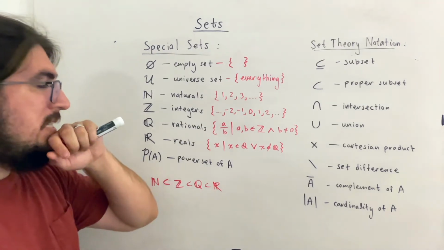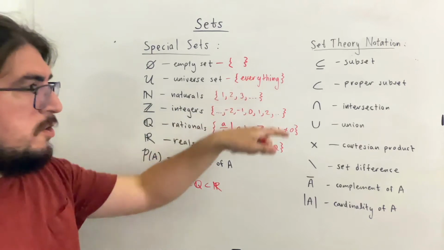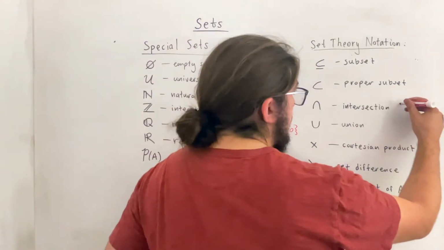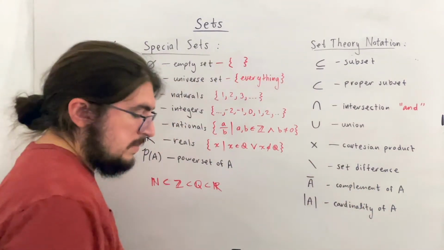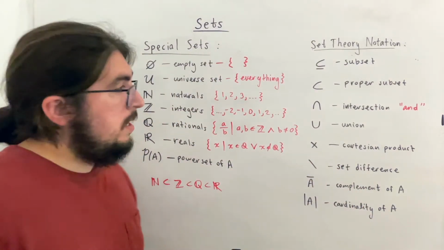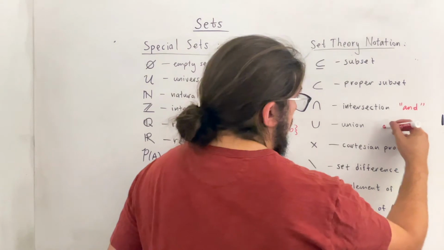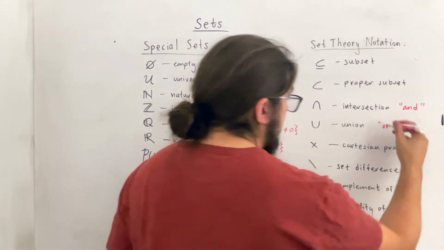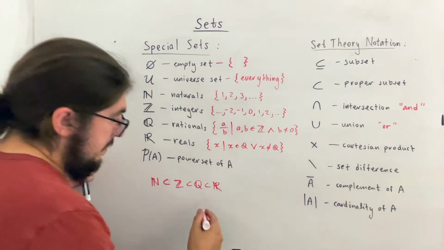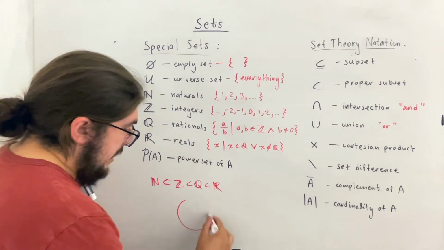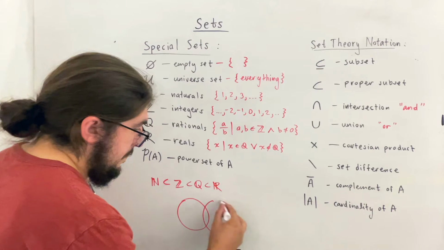Okay, intersections and unions. Intersection basically means taking kind of what two sets have in common, and union is taking a thing that is in either one of the sets or possibly in both. In fact, the visualization that comes to mind is what is known as a Venn diagram.